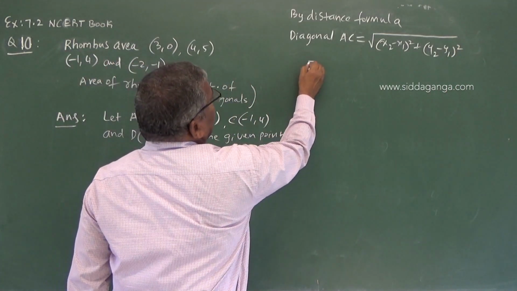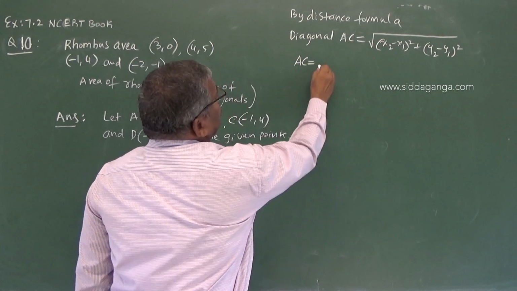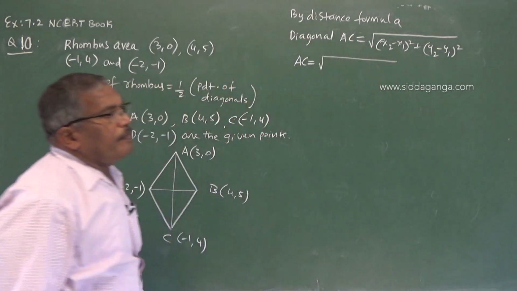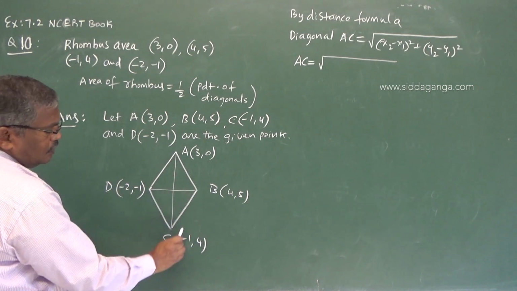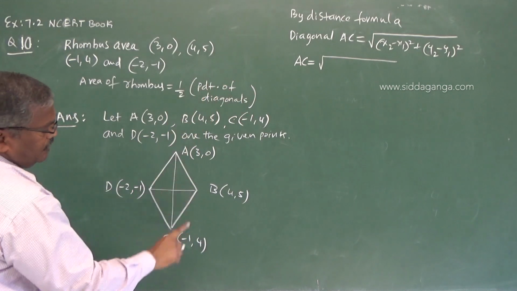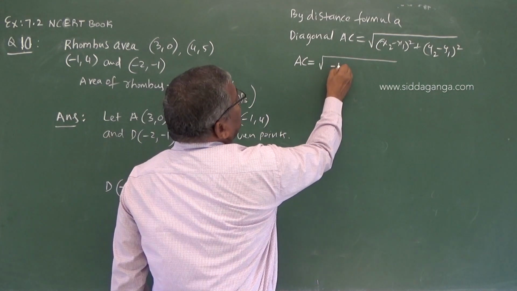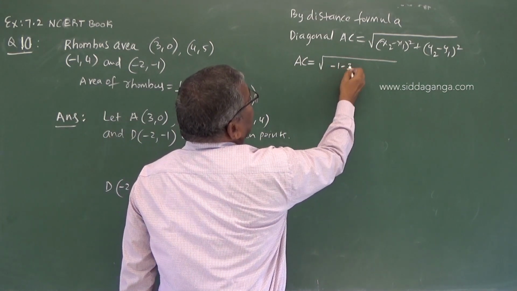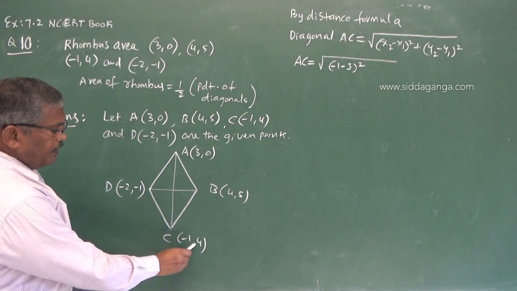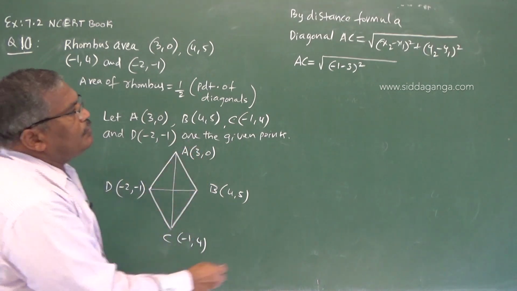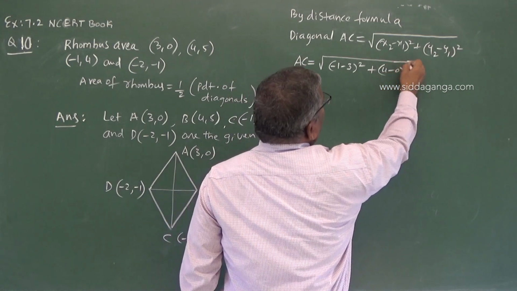Now while substituting the values, AC will be equal to square root of x2... You observe here, this is A, this is C. Take this as (x1, y1), (x2, y2). So I want x2 minus x1, this is minus 1 minus 3, whole square, plus y2 minus y1, 4 minus 0, whole square.